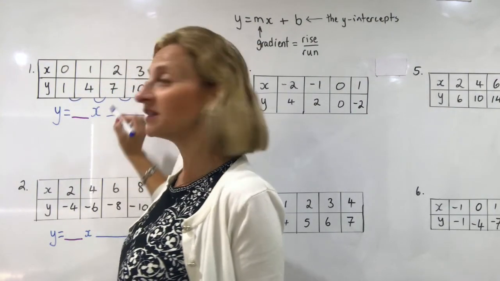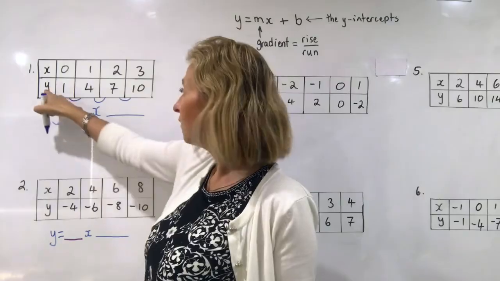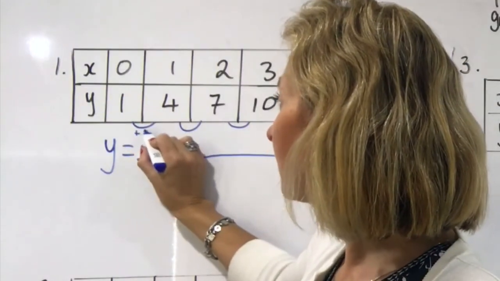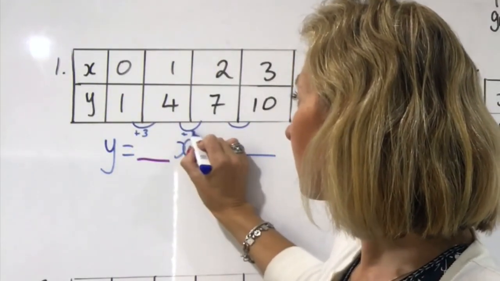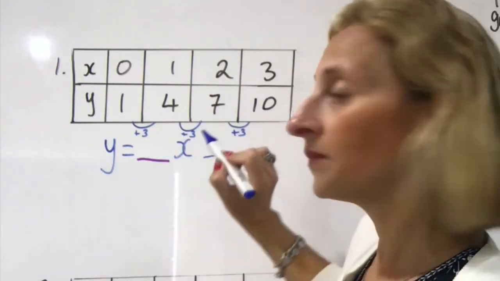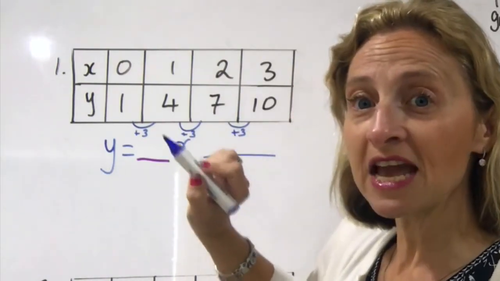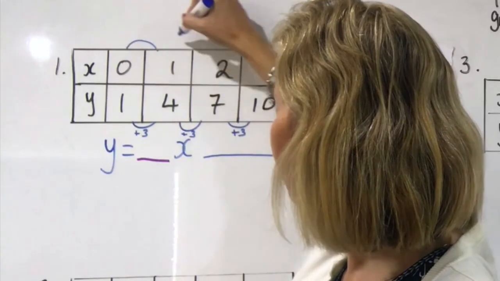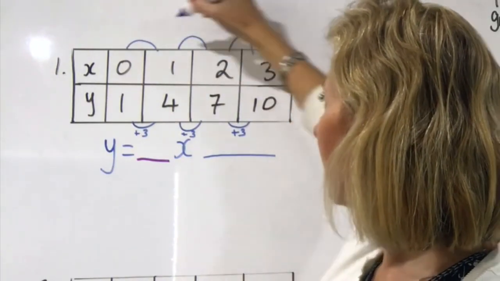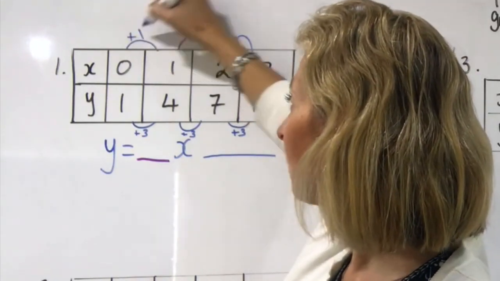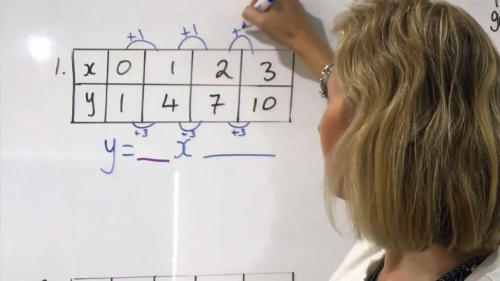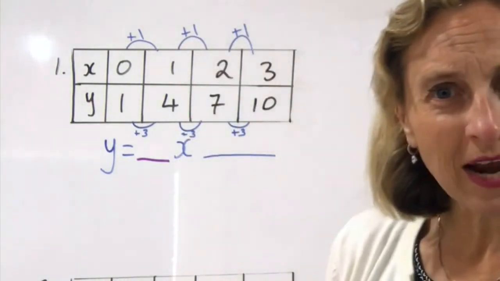Aren't they going to be the difference in the y values? They're the y values. So here I need to plus 3, plus 3, plus 3. And what's the difference in the x values? The difference in the x values will be up here, and that's going to be plus 1, plus 1, plus 1.